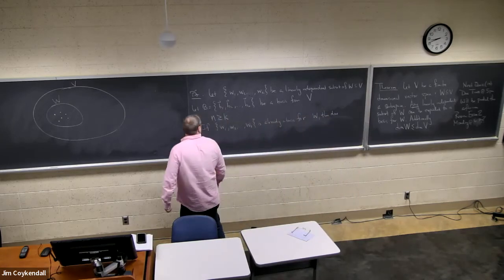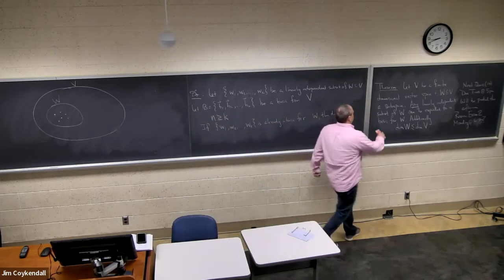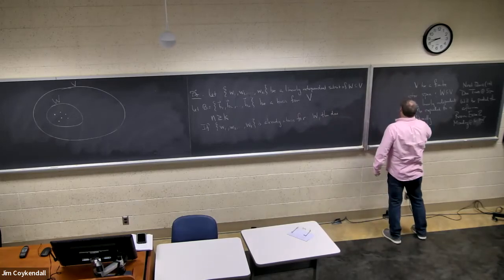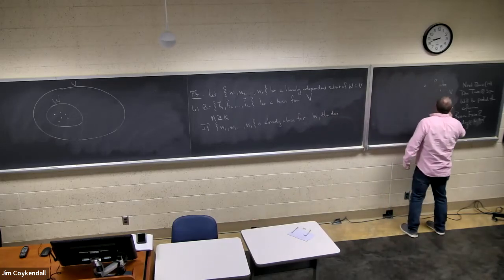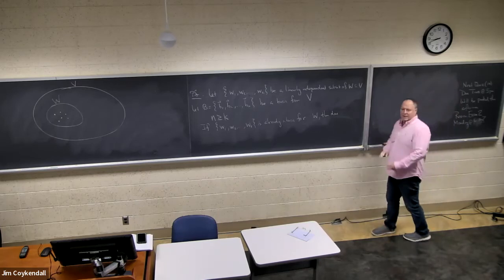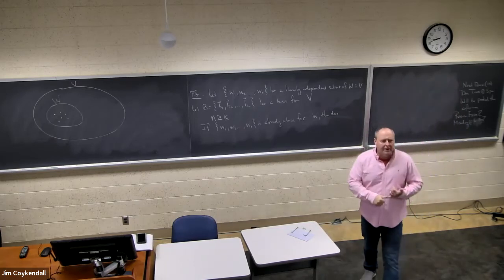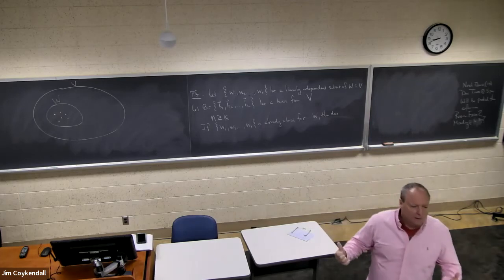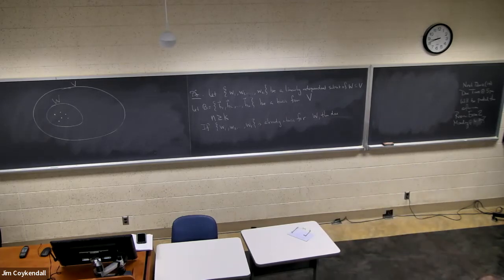If not, if it's not a basis, then can somebody tell me what that means? I mean, what is a basis? It's a linearly independent set that spans all of W. So I've got a linearly independent subset of W, already got that covered. If it spans it, it's a basis. If it's not a basis, that means there's something left over in W that isn't covered.